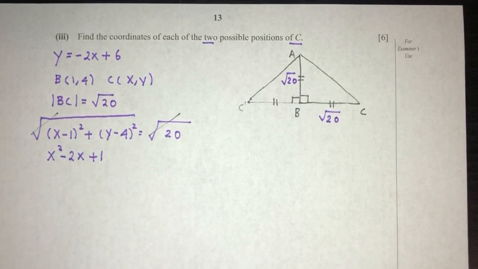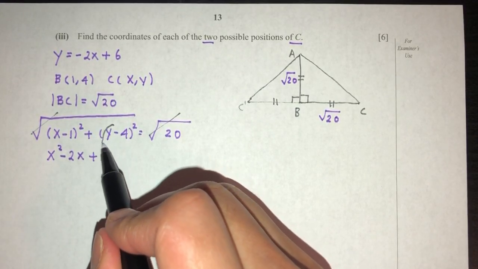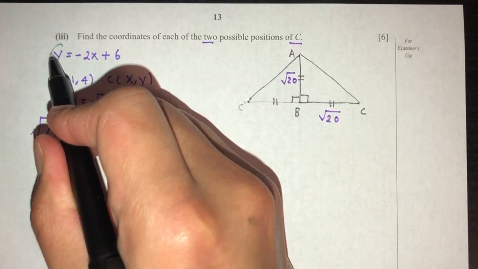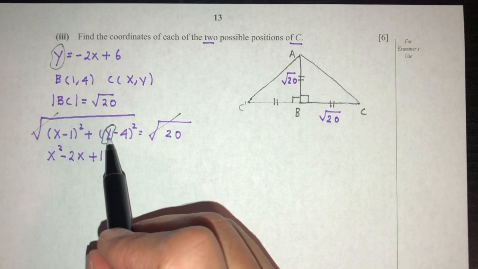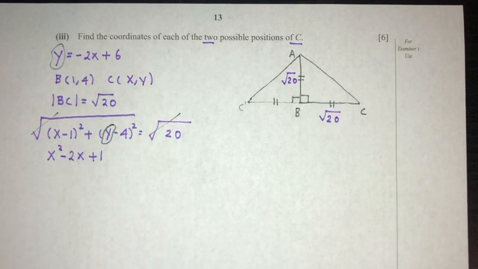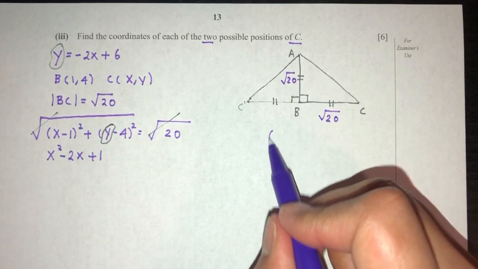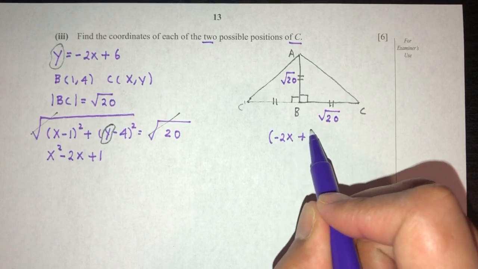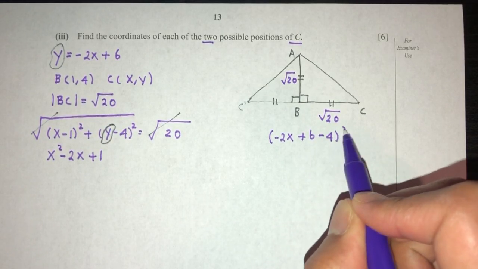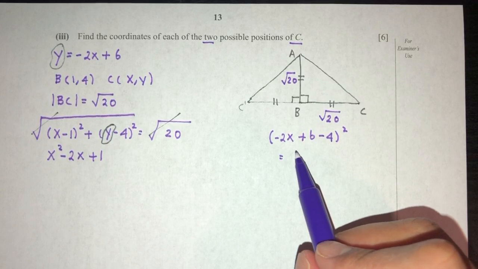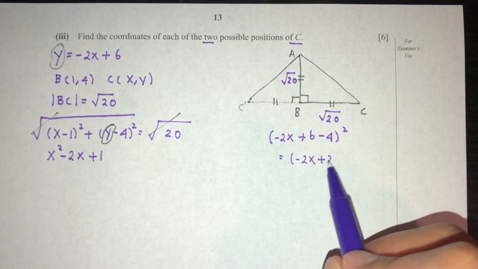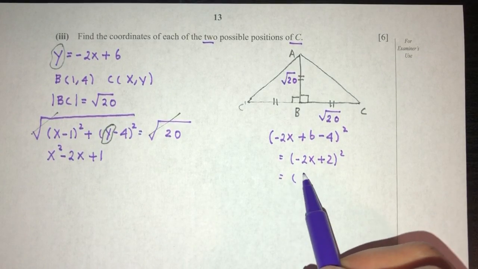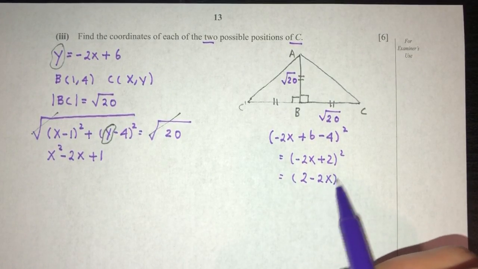But for this one, before we simplify, you can see here we have y as well. This is your line BC, right? So we can replace the value of y by minus 2x plus 6, minus 4 squared. That will be minus 2x plus 2 squared, which is the same as 2 minus 2x squared.